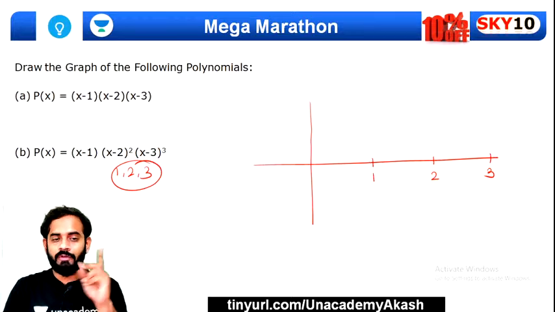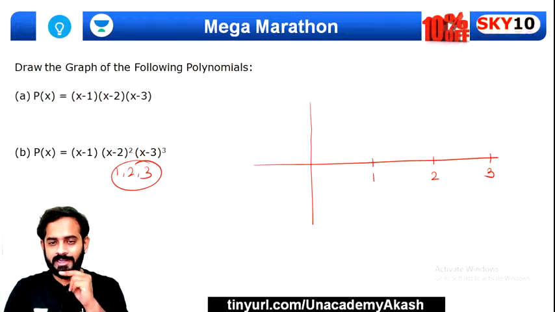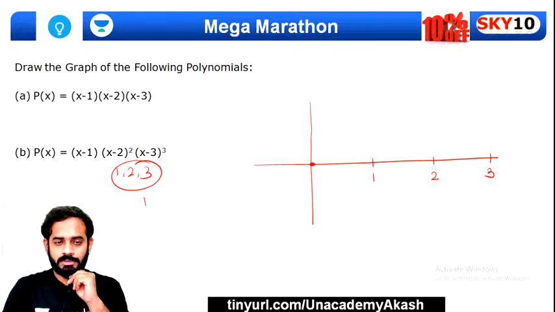Now find the value of this polynomial at a point to the left of the leftmost critical point. Let's say 0. P of 0 will be (-1), (-2) square and (-3) square.